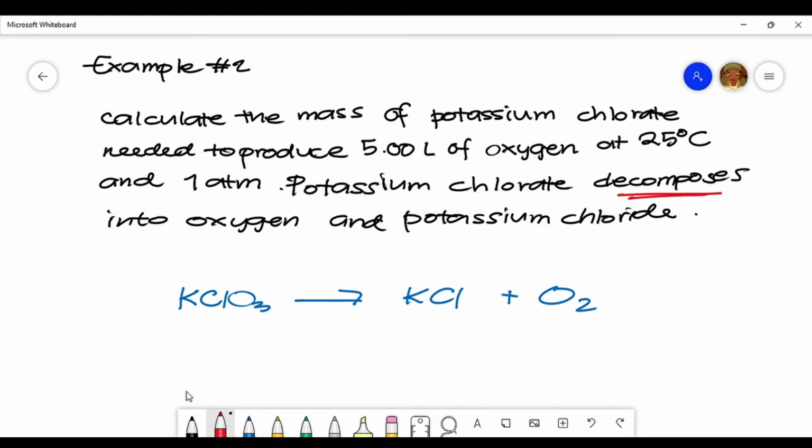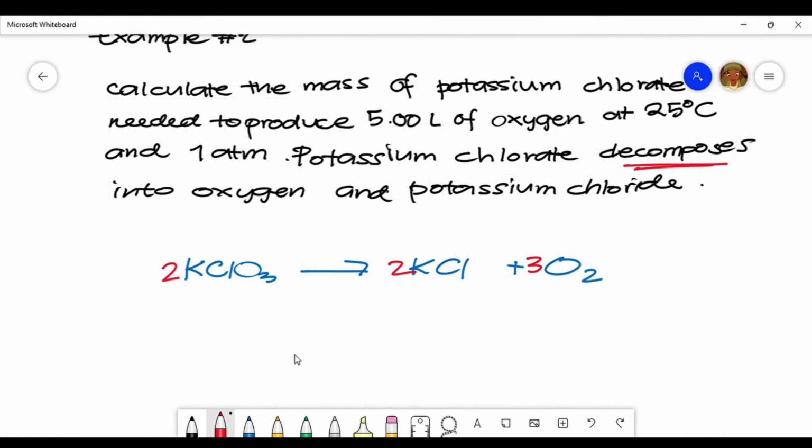We have 1 K and 1 Cl, so we multiply the reactant side by 2, and the KCl in the product side also by 2, and then 3 for the oxygen gas. So we have 6 oxygen, 2 potassium, and 2 Cl. Now we're ready to proceed to step 2.